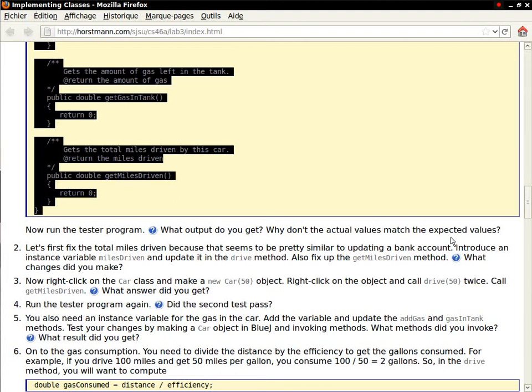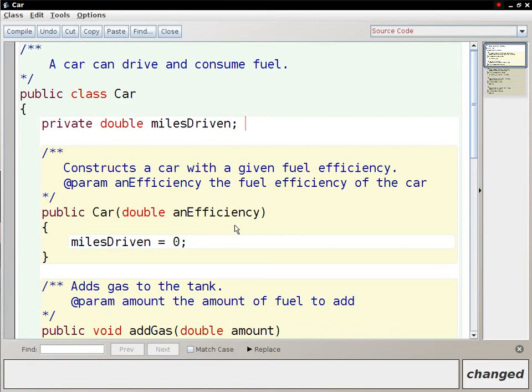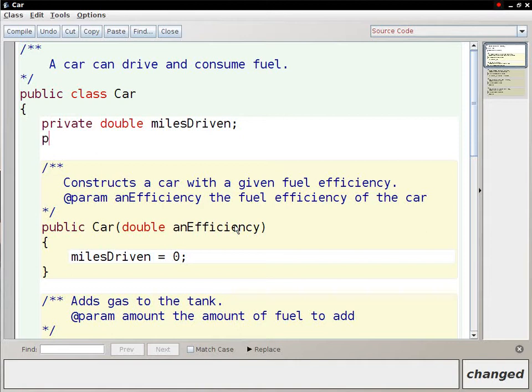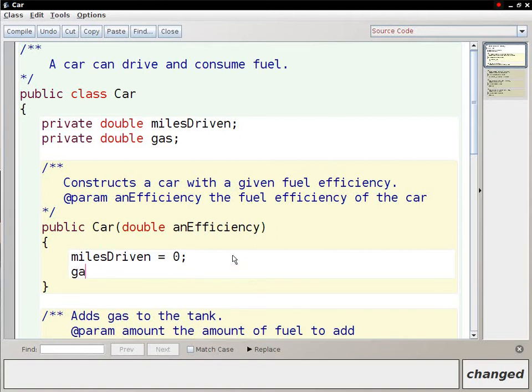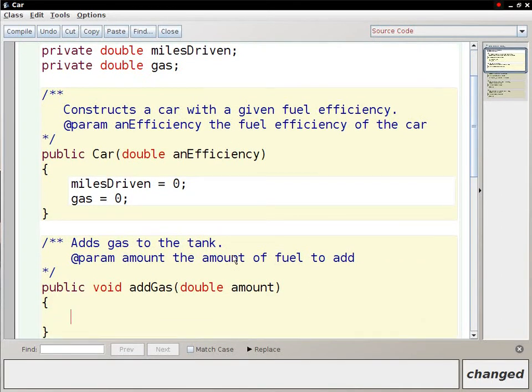Okay, now it says run the tester, and you all know what happened. So now we need an instance variable for the amount of gas in the car, because we need to model what's in the gas tank. So gas. Okay, when I buy a car, it is sadly empty. And now when I add more gas to the tank, let's say I add 10 gallons, then I can play the same game.